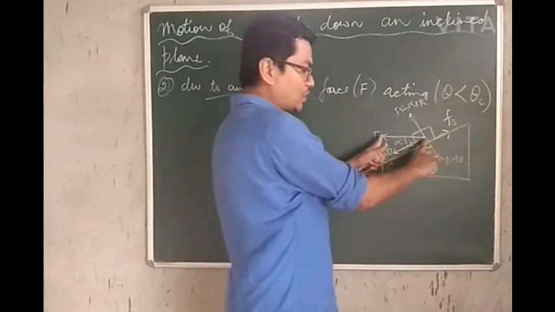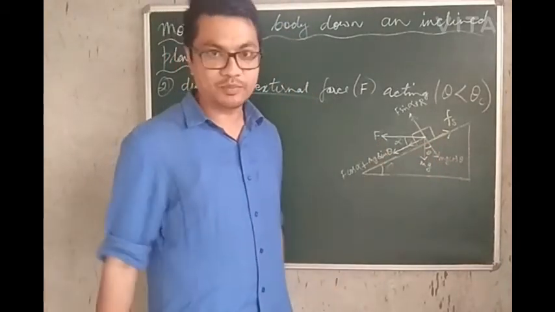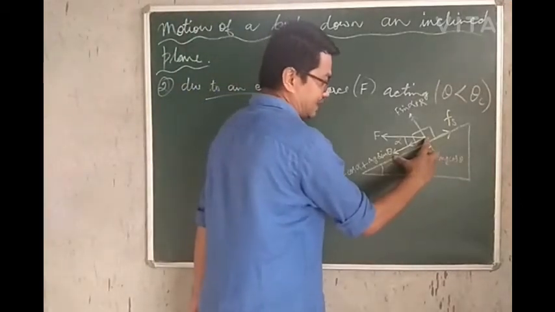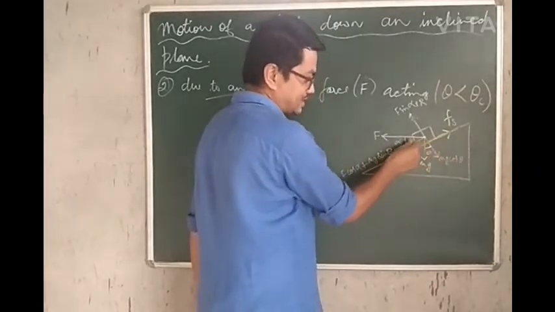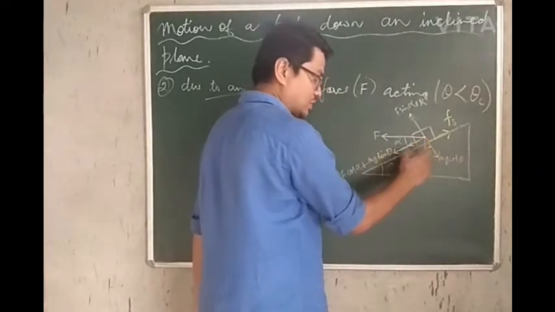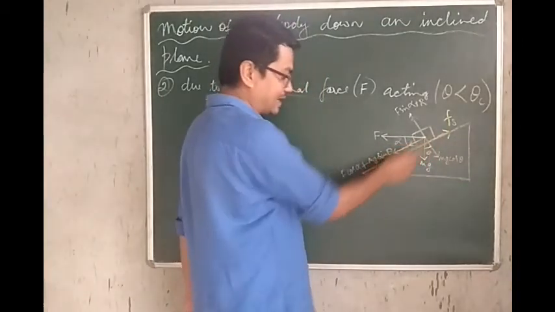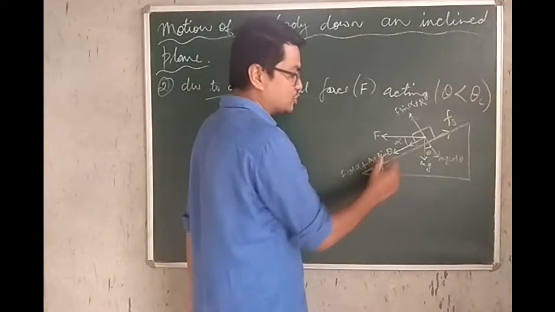So this force F can now be resolved into two mutually perpendicular components. This component here is F cos alpha, and since we have two forces acting in the same direction, the total sum of the forces acting along the inclined plane in the downward direction is F cos alpha plus mg sine theta.